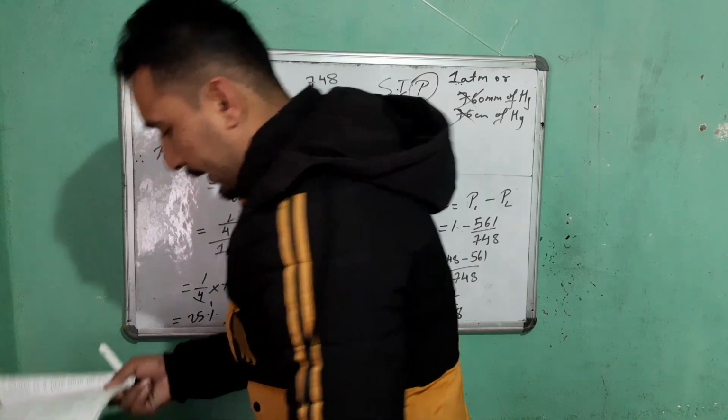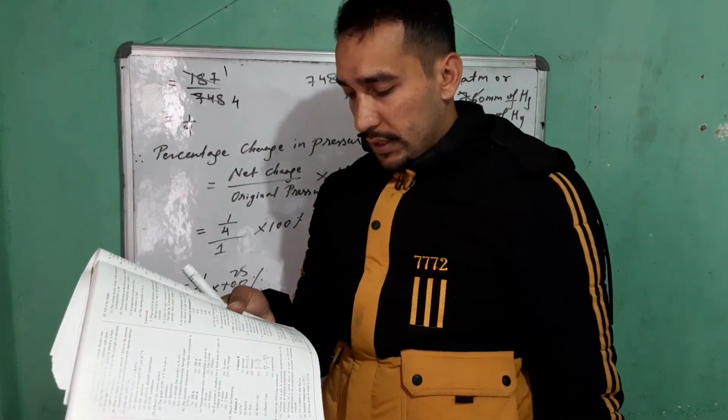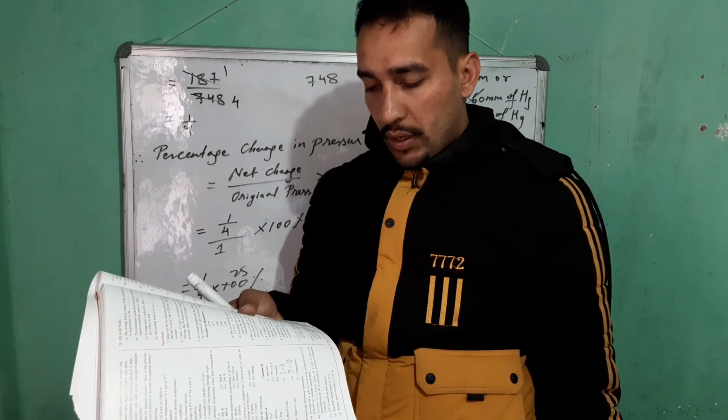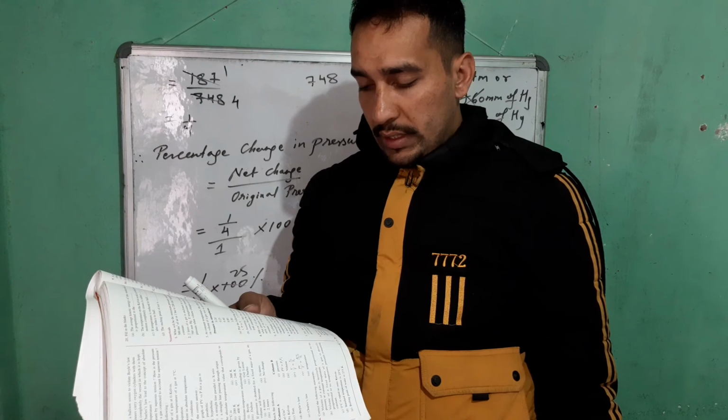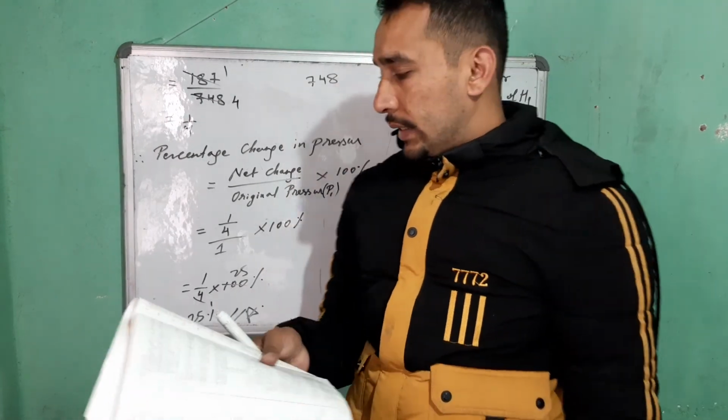Next, question number 8: 88 centimeter cube of nitrogen is at a pressure of 770 mm mercury. If the pressure is raised to 880 mm, find how much the volume will diminish. Temperature remains constant.